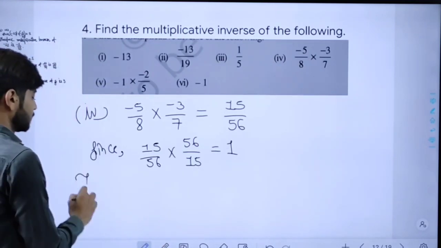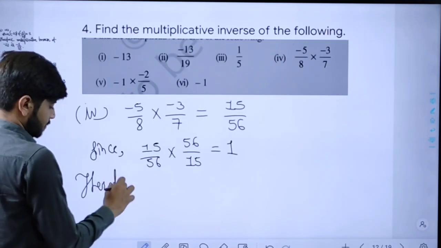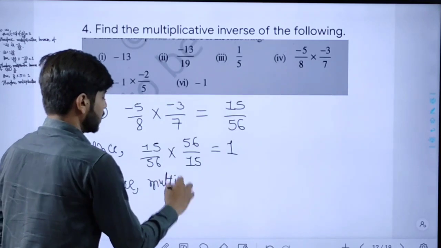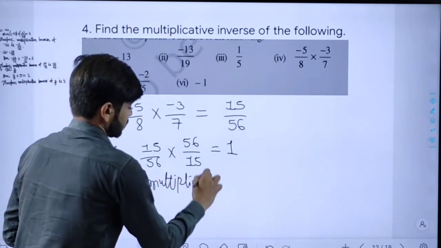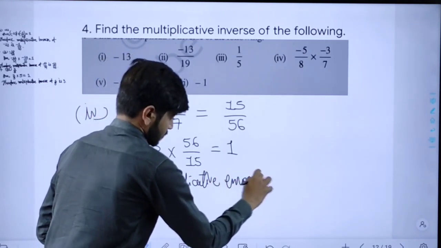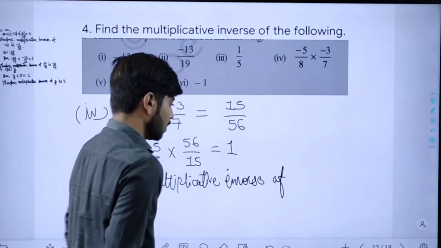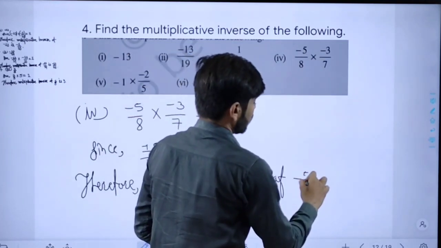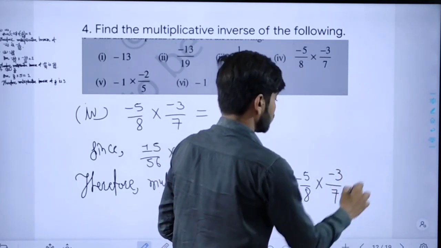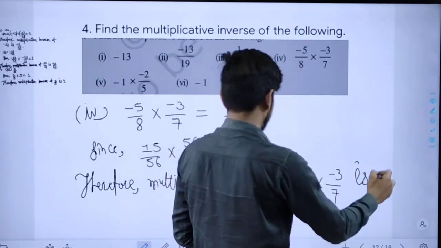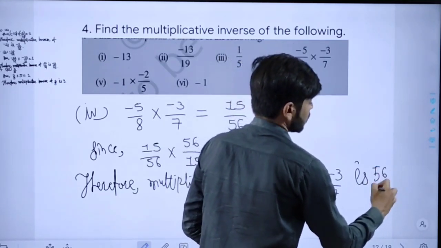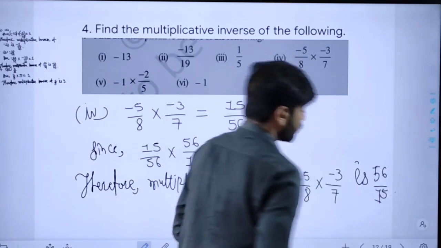Therefore the multiplicative inverse of, we will write the question, minus 5 upon 8 multiplied with minus 3 upon 7 is, what we get, 56 upon 15.